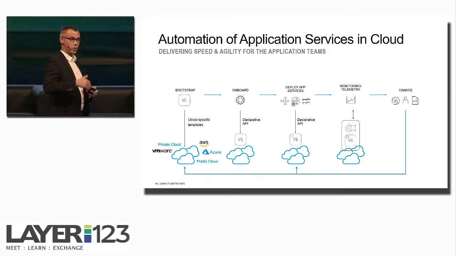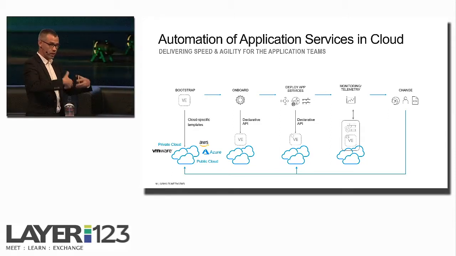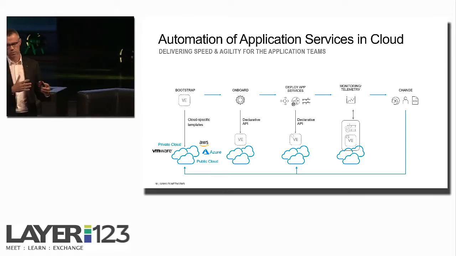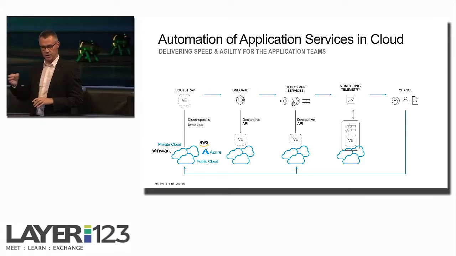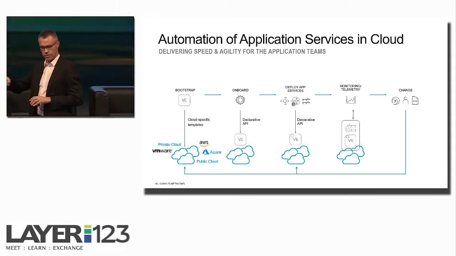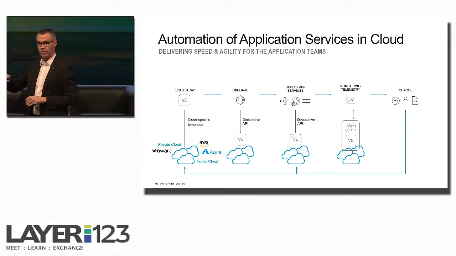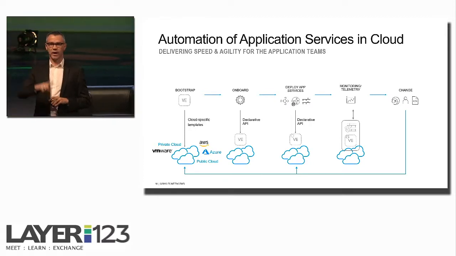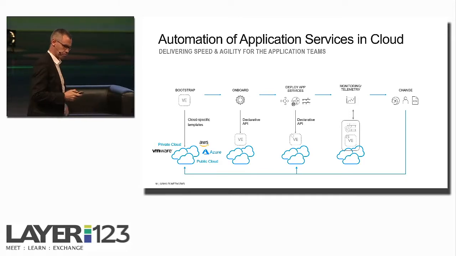Next step is deploy the app services. What you want: load balancing, layer 7 routing, web application firewalling. We deploy that again using a declarative API. Once it's deployed, we start monitoring, generating analytics, and then based on that analytics and based on policies that you have defined, we may have a feedback loop to change things.